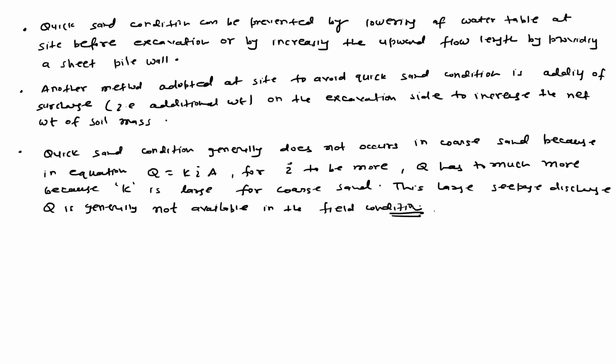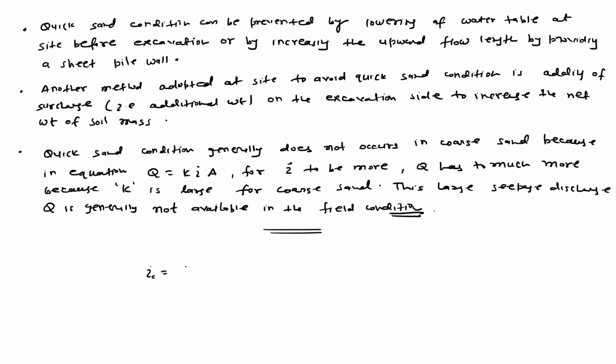Okay, so this is all about quicksand condition. Hope you understand quicksand condition and the questions related to this. If a numerical is asked related to quicksand condition, then you must remember this formula.